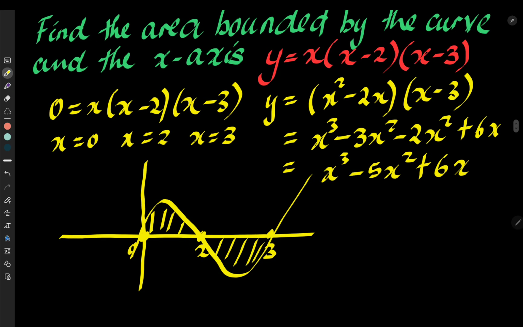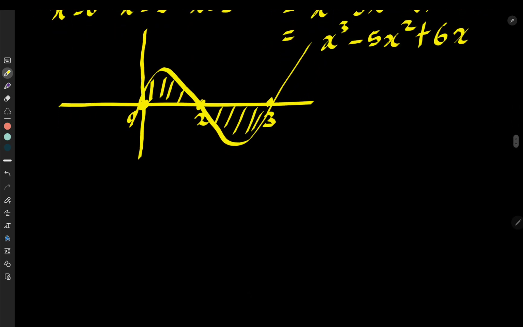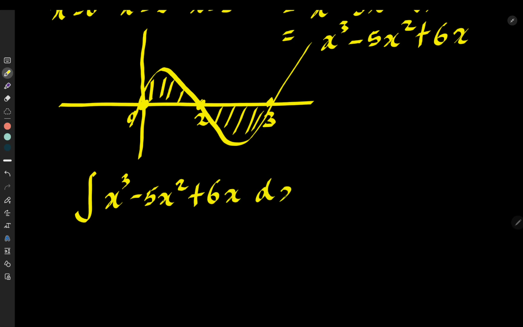With that in mind, we can do our integral. In this case, that will be the integral of x cubed minus 5x squared plus 6x dx.